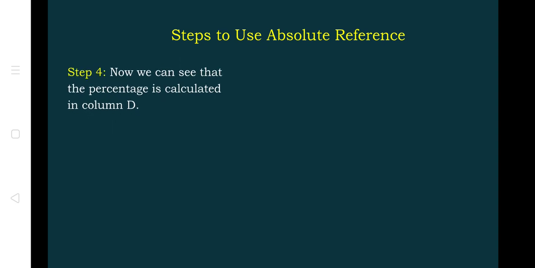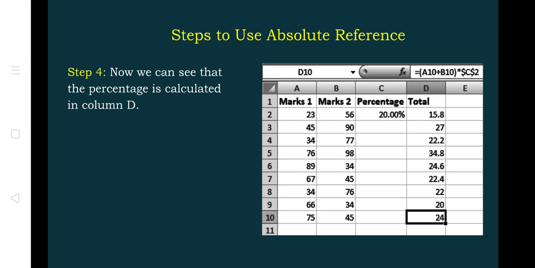Now the percentage is calculated in column D. When the fill handle is dragged down, you see the difference between the previous and the current slide. The formula has now changed to A10 plus B10, because the cursor is in the last cell, D10. D10 is obtained by adding A10 and B10.